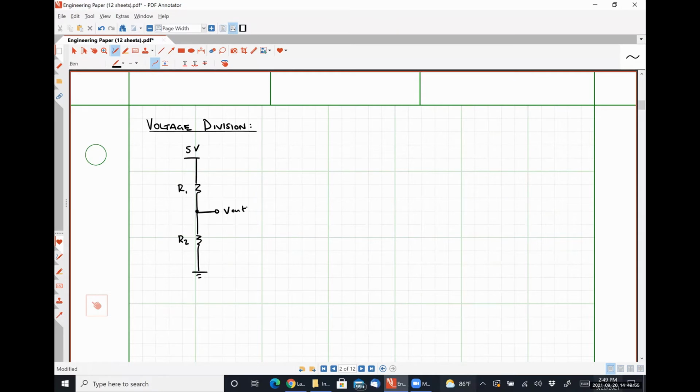You were able to do what's called simple voltage division here to figure out what the output voltage is based on the resistor values alone. You never really needed to know how much current was flowing through the circuit.